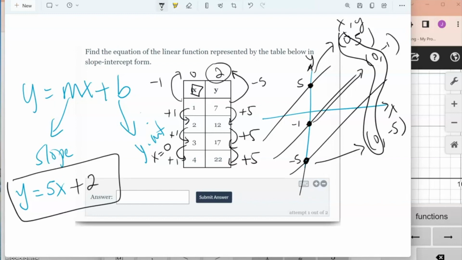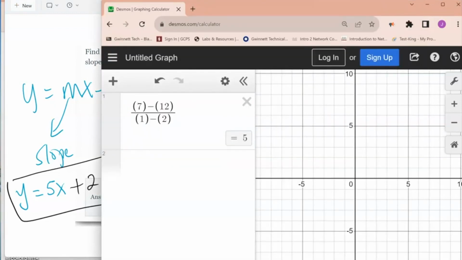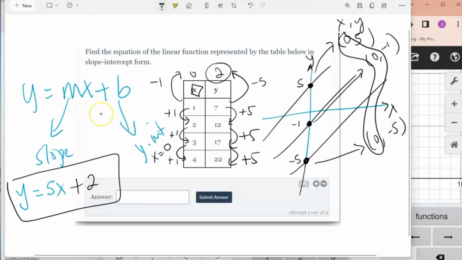Now, there are some questions that will be more complicated than this, and I am going to show you how to use a Desmos calculator. Why not? In these kinds of questions, you can insert the table.